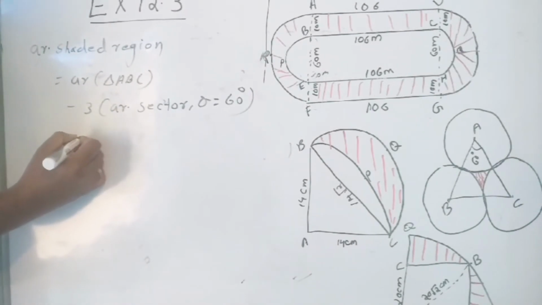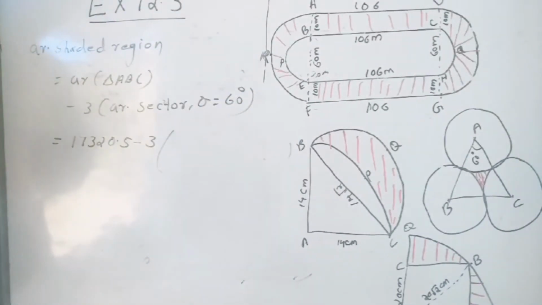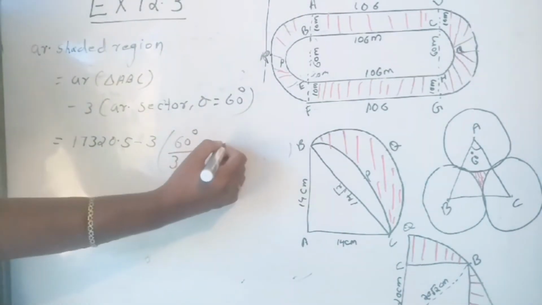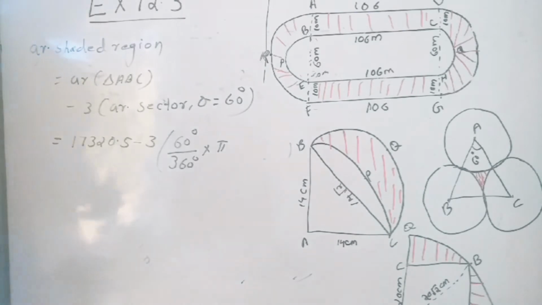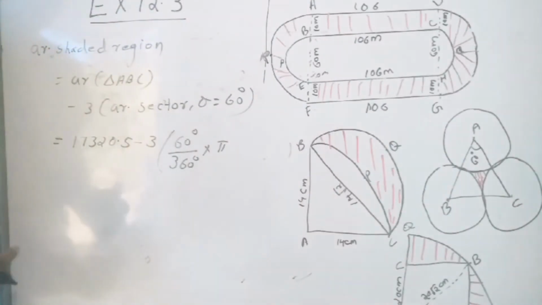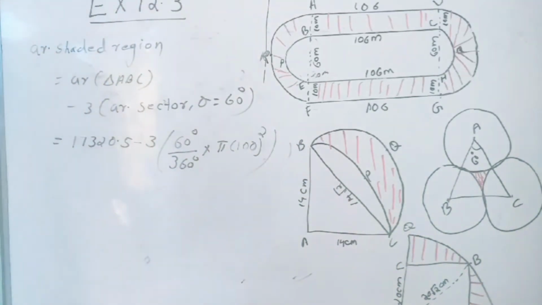So just substitute that value, 17320.5 minus 3 into theta divided by 360 degree into pi r square, that formula. So 60 degree divided by 360 degree into pi into, here the radius is given in the question: the radius of each circle is equal to half of the length of the side.